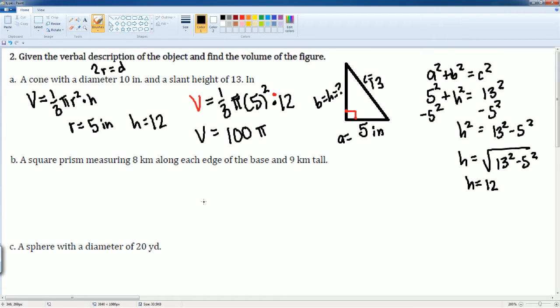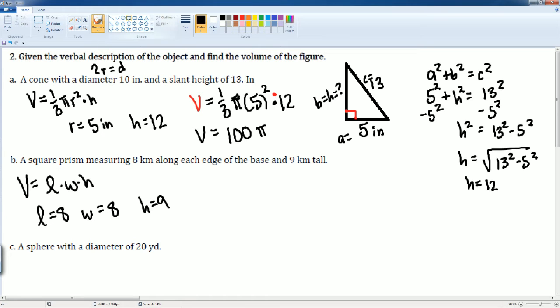Next, we have a square prism that is 8 kilometers long on each edge of its base, and 9 kilometers tall. Okay, so the volume here would be length times width times height, and we know that it's along the edges, so its length is 8 and its width here is 8, and its height here is going to be 9.